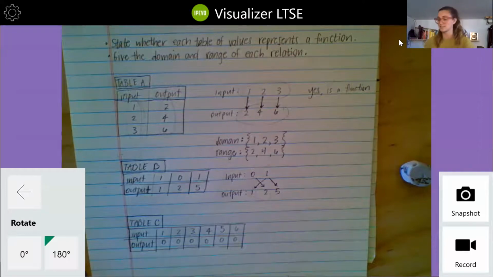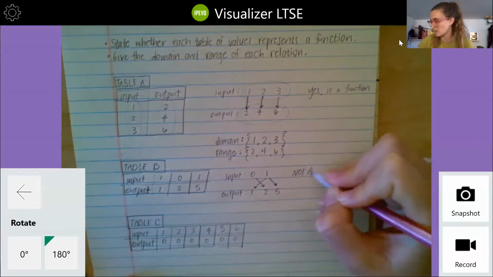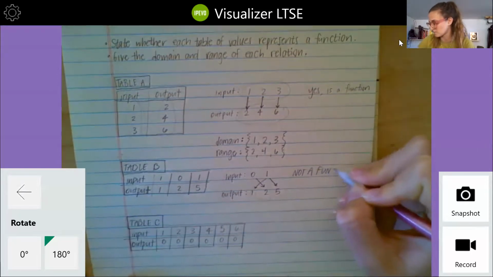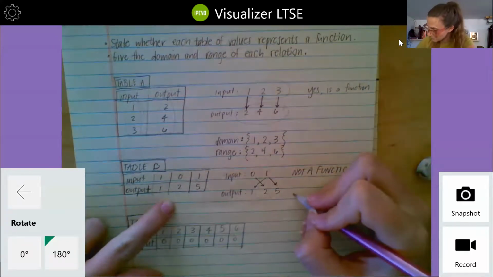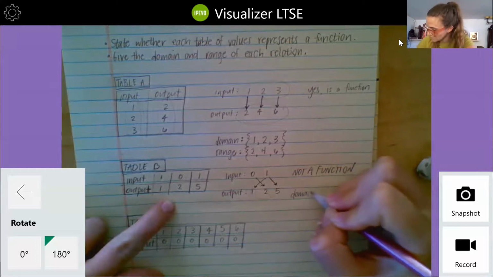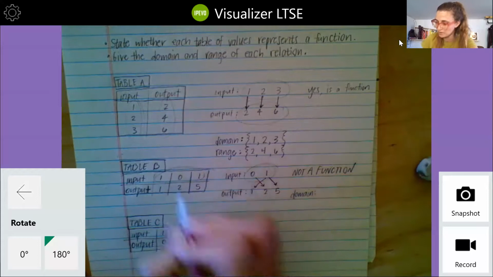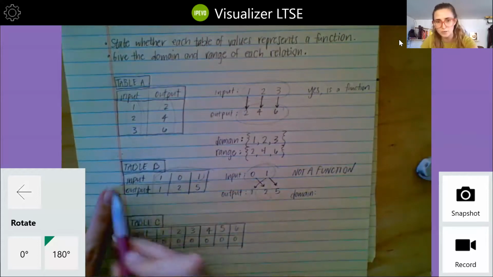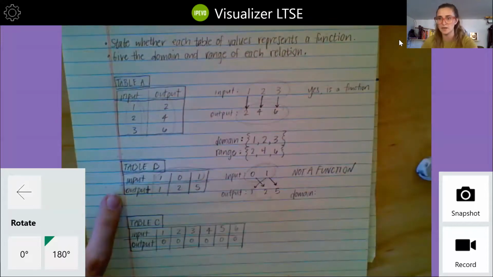Therefore, this is not a function. But my domain will still be those input values, my input values. And you'll see that this table is written horizontally. This one's written vertically. It doesn't make a difference.